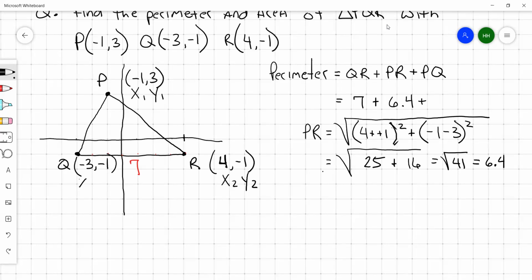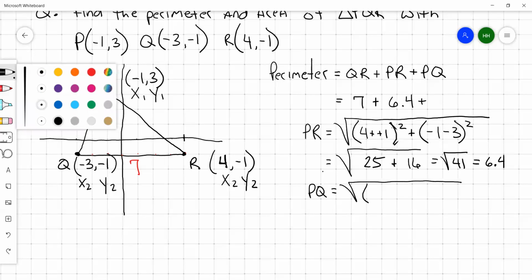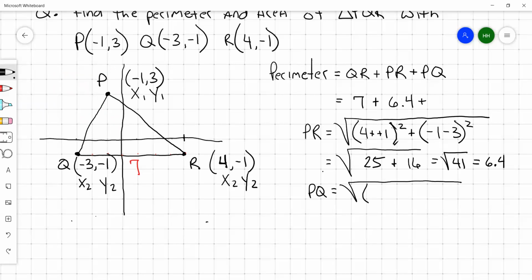Now we're going to call that your x sub 2 and y sub 2, and P your x sub 1 and y sub 1, because we're going to do this formula again for the distance from P to Q. So P to Q is equal to the square root of x sub 2 minus x sub 1, negative 3 minus negative 1 squared, and then negative 1 minus 3, and that's squared as well.